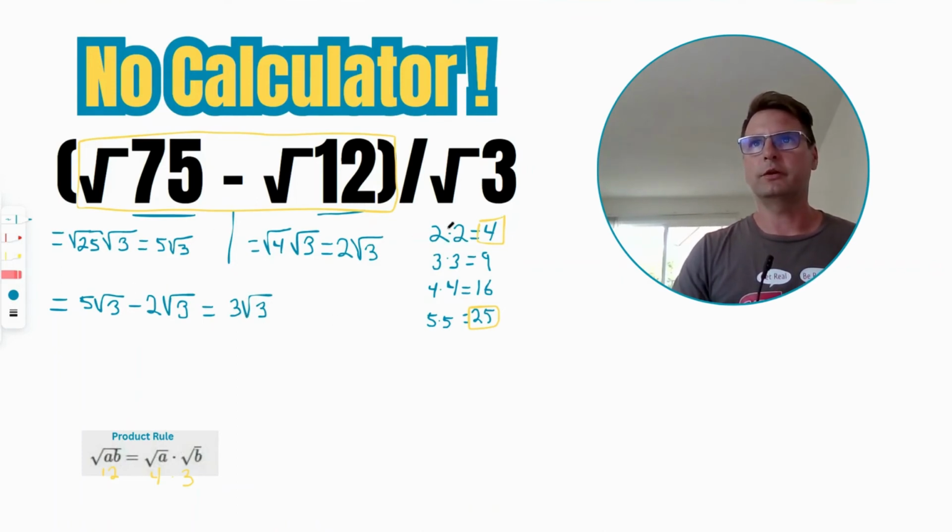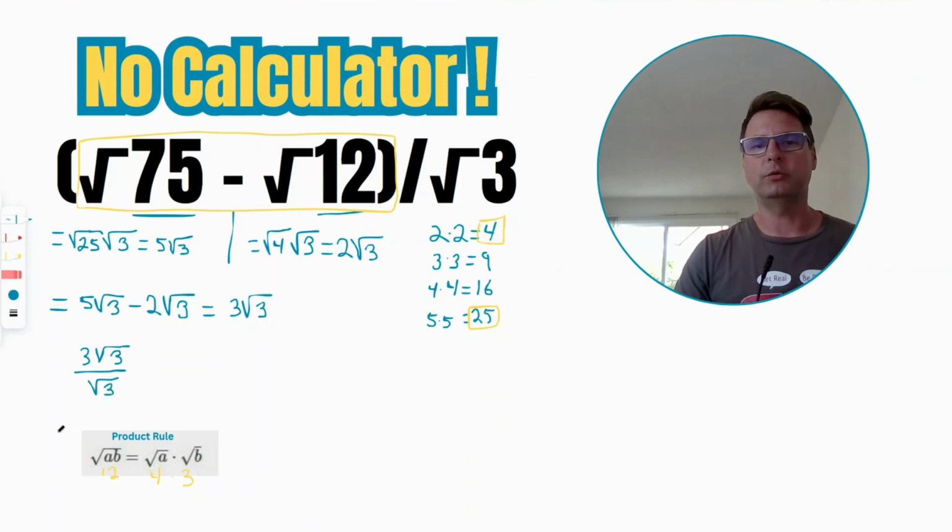Cool. So next step, let's get this square root of 3 denominator back in here, because we can replace the whole numerator with the expression we found. So the whole problem now becomes 3 square root of 3 all divided by the square root of 3.